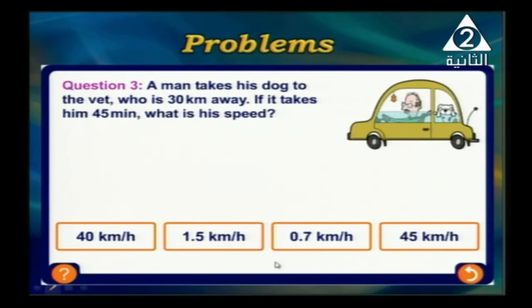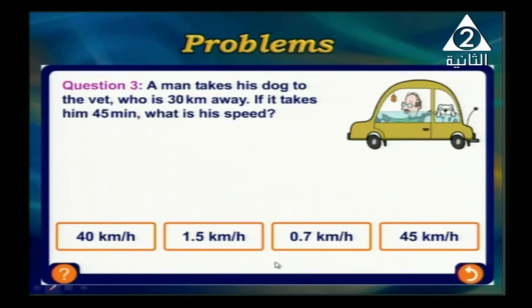Next, a man takes his dog to the vet, who is 30 kilometers away. If it takes him 45 minutes, what's the speed? So we have kilometers and minutes, we must change one of them. 45 minutes means 0.75 hour.